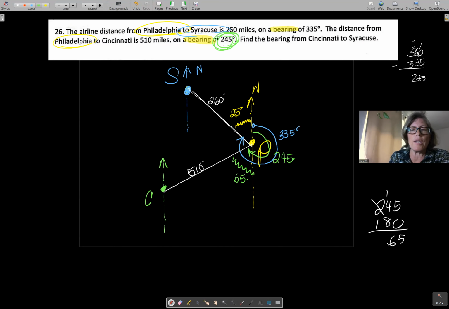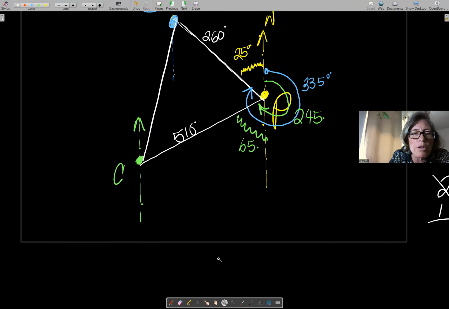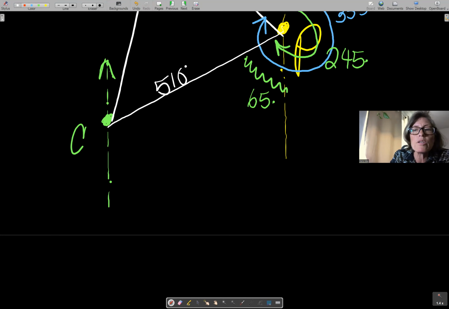What we're asking is the bearing from Cincinnati to Syracuse. So if I were to connect Syracuse to Cincinnati, we're ultimately trying to find, and it's important to make sure you peg what you're trying to find, this angle right here at Cincinnati, from the north line, because it's a bearing, that turn, if you will.